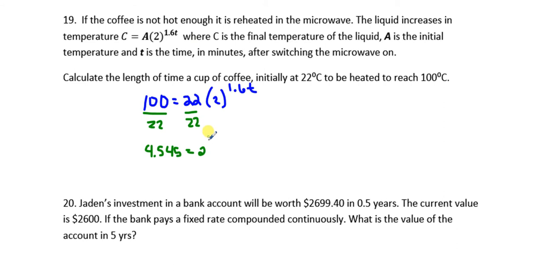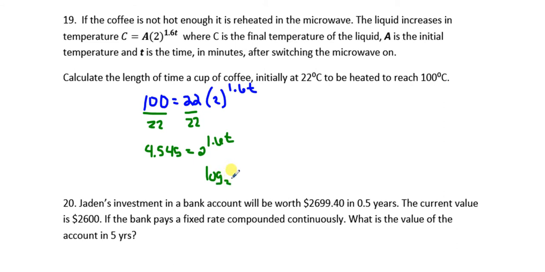2 to the 1.6 is in the exponent t. And now we've got to do log. Log A of B equals C. Now here we have 2 is A. A to the B equals C. So on this side, log A is 2.